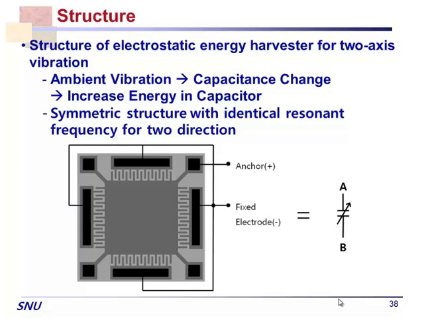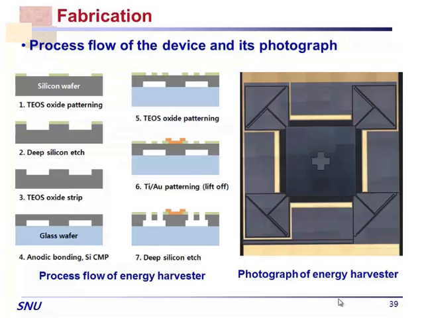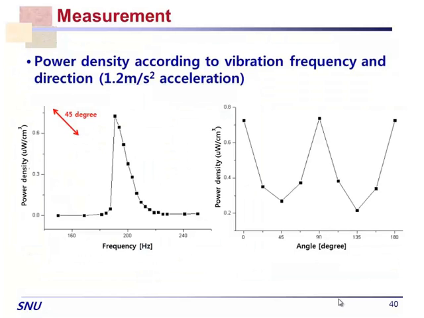So it's basically electrostatic, so a capacitor change goes to the energy in the capacitor. It uses only 3 masks for the silicon etching, the oxide etching and the glass patterning. So this is the fabricated harvester here.